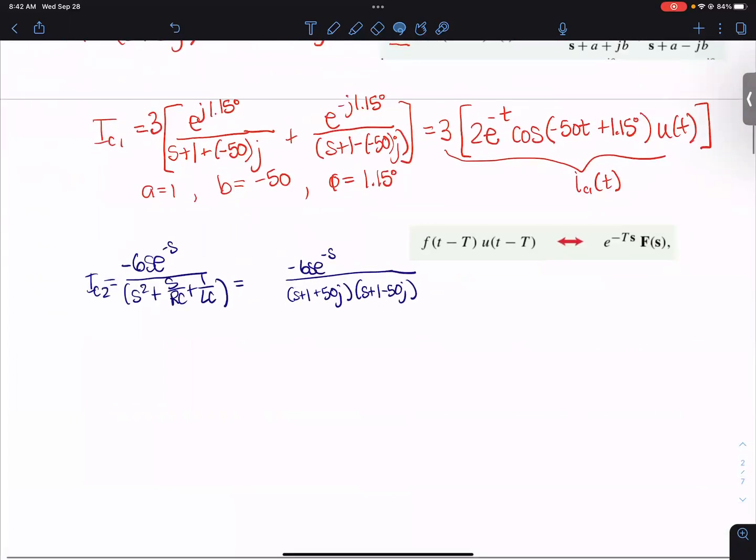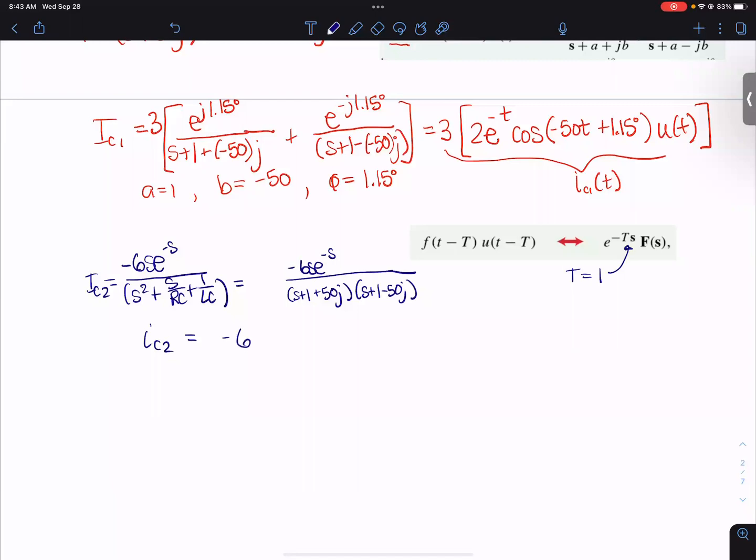So we have exactly what we just did, except for in the S domain, we have the e to the minus Ts. So T in this case is a 1. So we have a capital T is equal to 1. And so we can use this property to get IC2, which is just going to be the shift.